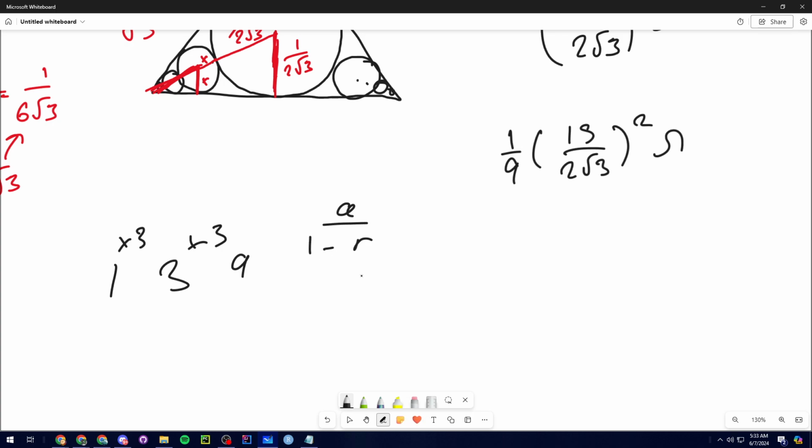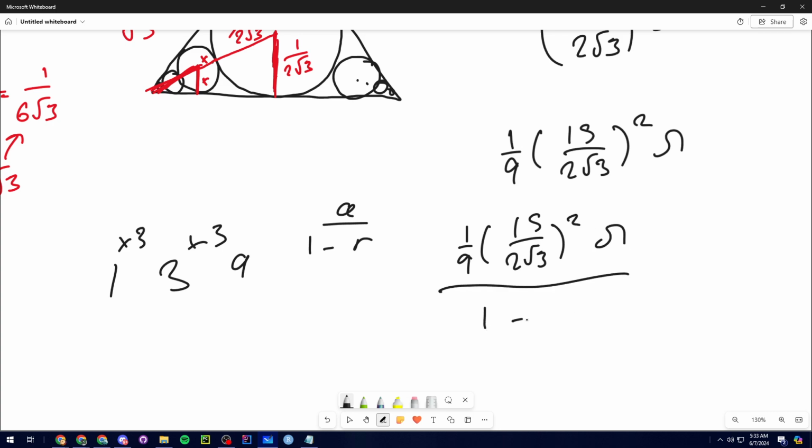Now that we have the first term, because remember we're starting at the next circle, we have that circle of A, which is 1/9 of 15 over 2 root 3 squared pi. That's your first term, over 1 minus the ratio between each circle, which is 8 over 9.